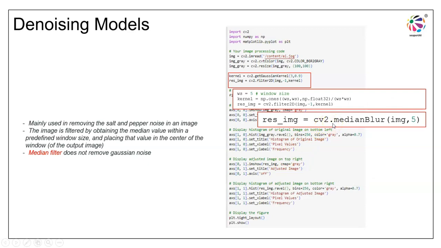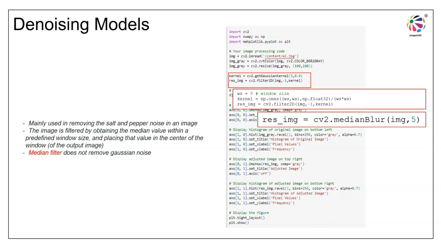The function cv2.medianBlur applies a median blur to an image. The median blur operation replaces each pixel's value with the median value of the pixels in its neighborhood. The earlier one used mean, now we are using median. The size of this neighborhood is specified by the second argument to the function.